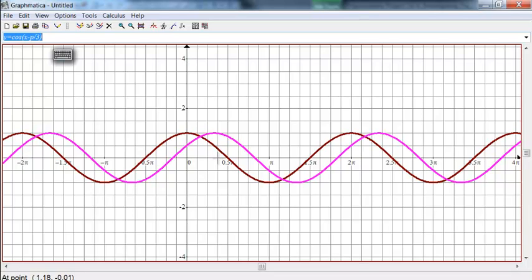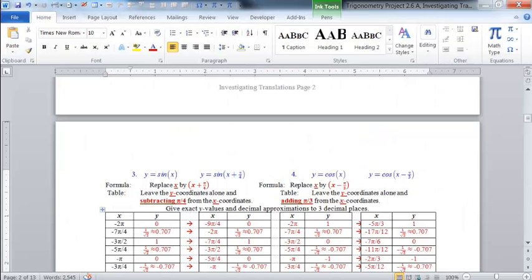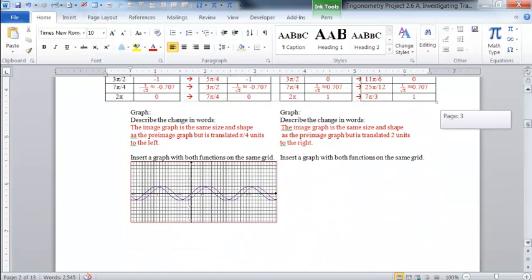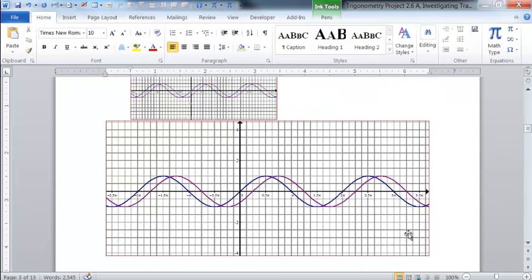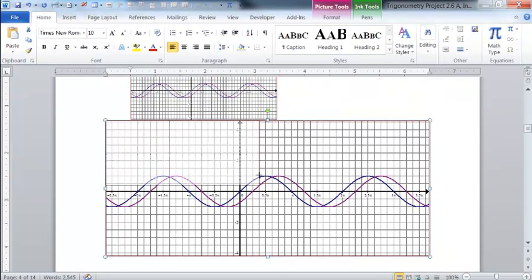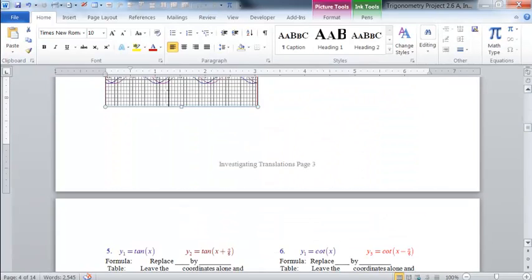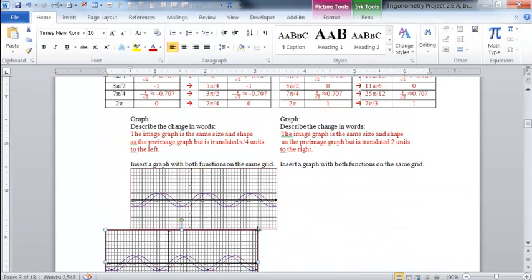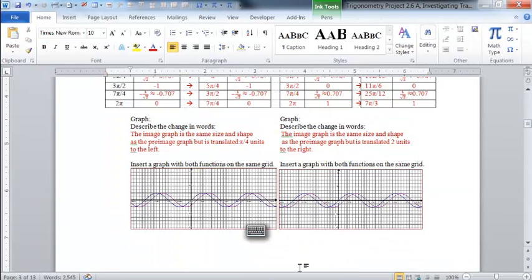So a third of pi is about there. Yeah, that looks about right. Okay, copy that. Paste it over here. Resize a bit, make it fit a little bit better. And now we have both of those graphs.